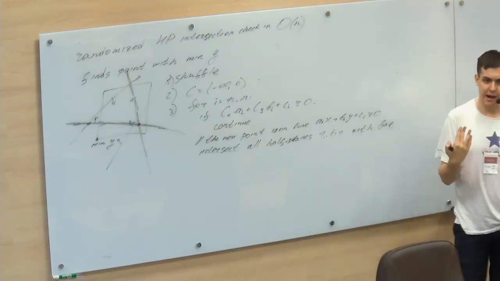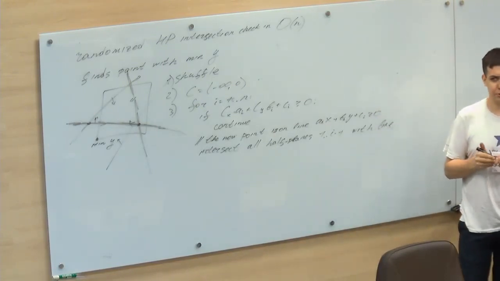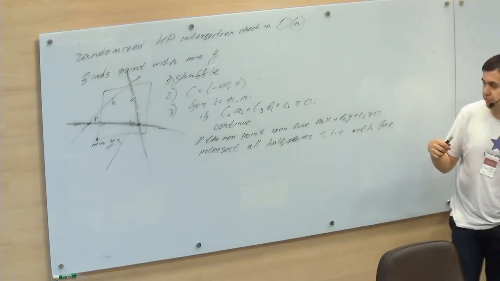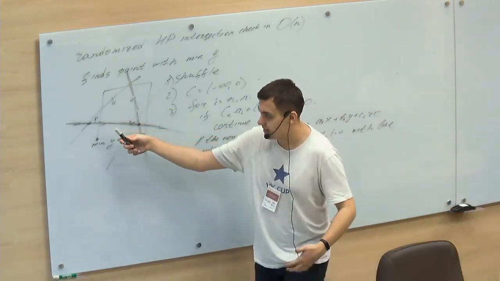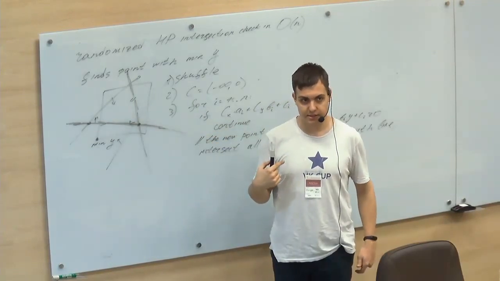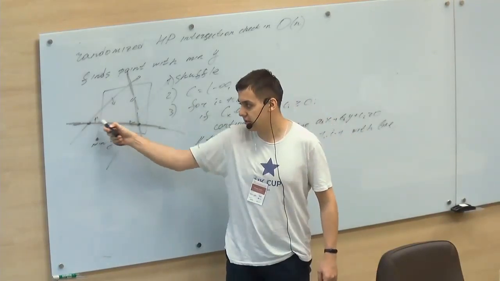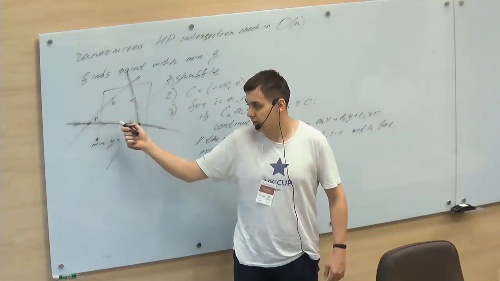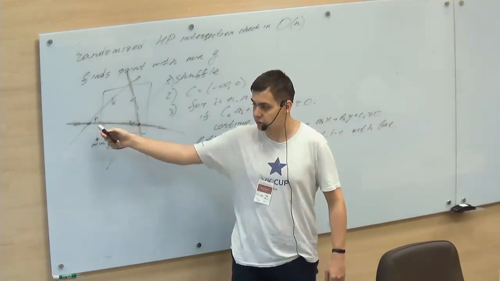We get a set of half lines, and we need to intersect them all. We need to find the point on this line that lies on all of these half lines. Some of the half lines look to the left, and some look to the right.